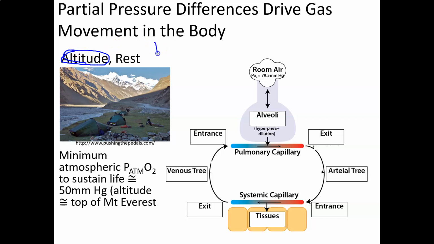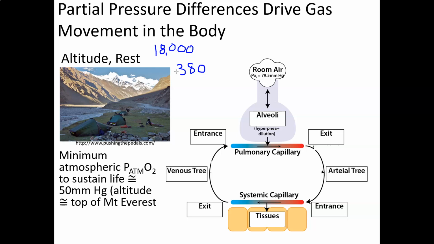So we went up to about 18,000 feet. At about 18,000 feet, the total pressure is about 380 millimeters of mercury. Why that is significant is 380 is half of 760, which is the total pressure at sea level.